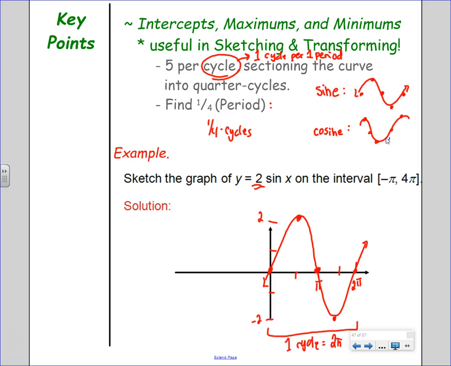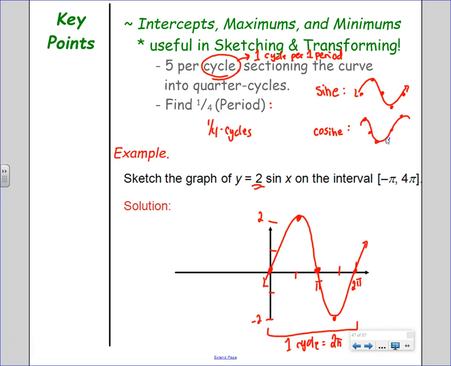Cosine, you start at the top, and you throw it down, and it's going to come back up. So they start in different places, but it's the exact same shape, and I could overlay them if I had done this perfectly, and it should match. So same shape, sinusoid curves.